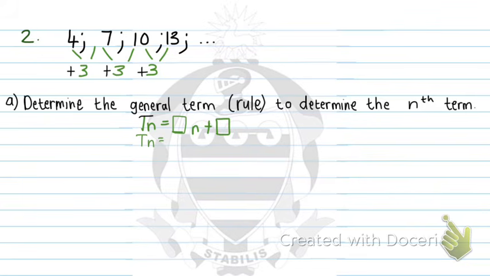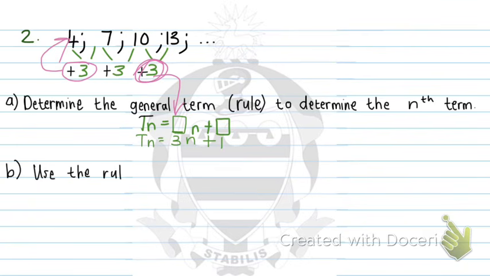The first block will be replaced with the constant difference, which was 3, so it's going to be 3n. Then I see what I have to do to 3 to get to 4. I add 1. So it's going to be 3n plus 1. That is the rule.